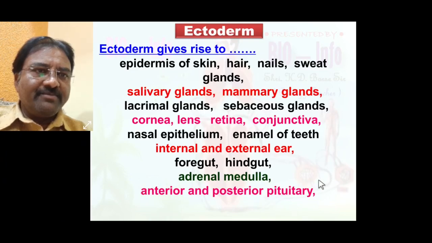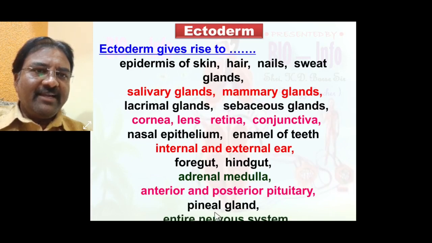You know, the pituitary gland is the master endocrine gland and secretes most important hormones. So this gland, anterior and posterior parts, also originates from ectoderm. The pineal gland is also an endocrine gland, developed from ectoderm.